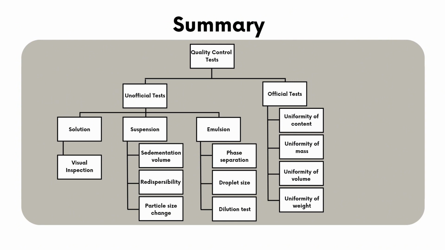For emulsion we use phase separation, droplet size and dilution test. As for the official tests, examples are uniformity of content, uniformity of mass, uniformity of volume and uniformity of weight.